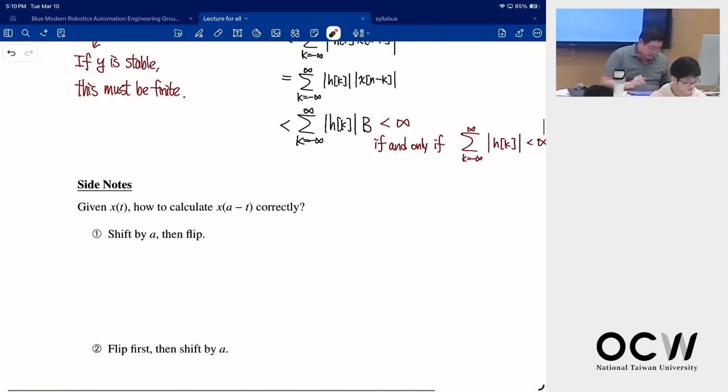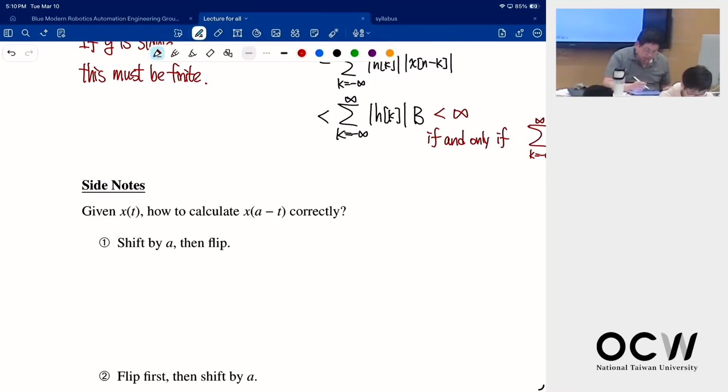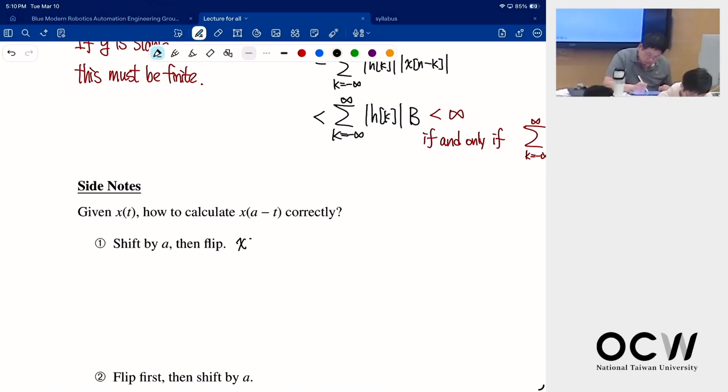Okay, let's see. If I shift by a and then flip x of t, and I shift by a, that means it is x of t minus a.